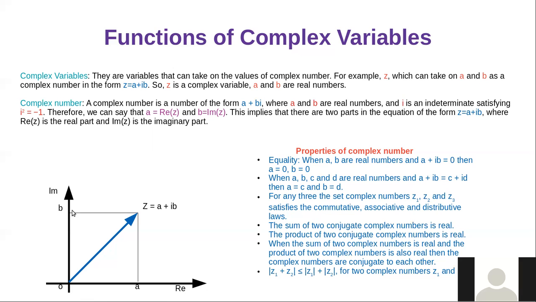Along the y-axis, which is here represented as b, is the imaginary axis. Then, if you look at the diagonal from the origin with this arrow, we have what we know as Z, which is equal to a plus ib. So this clearly describes how a complex number operates in the form of a Cartesian coordinate.